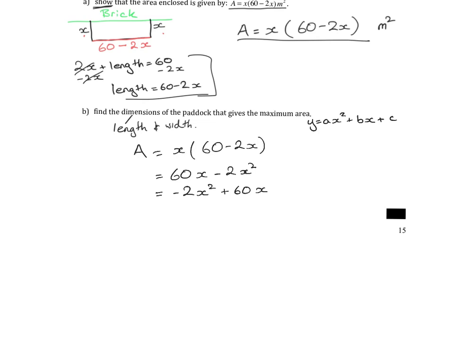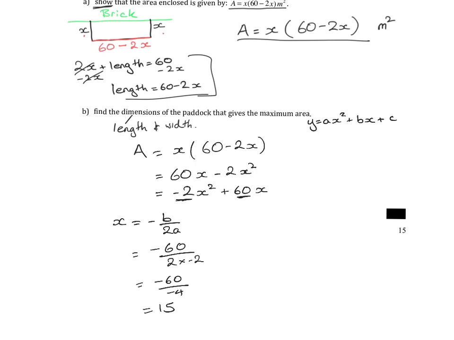Again, as usual, it's when x equals negative b on 2a. So in this case, b is 60. So we've got negative 60 on 2 times negative 2. So we get negative 60 on negative 4, which is 15.